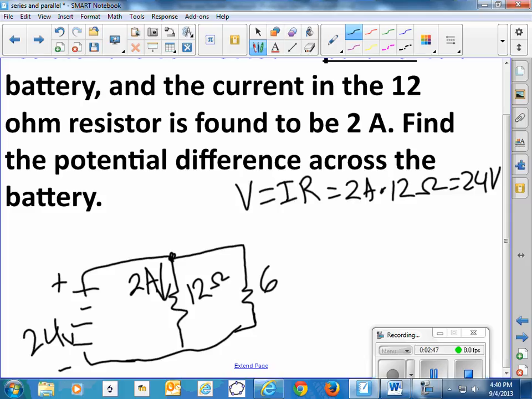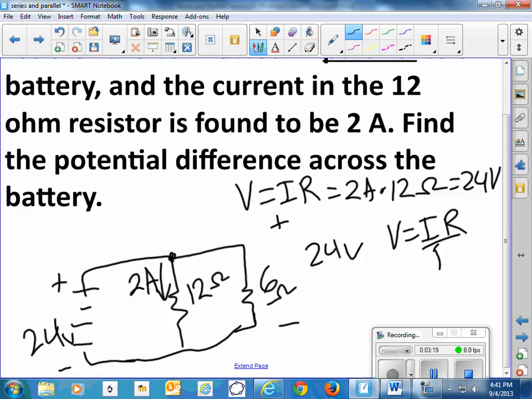Well, parallel, the way they're hooked up, it's 24 volts here also. Between this plus and this minus is also 24 volts. Well, if I have 24 volts across a 6 ohm resistor, let's see how much current would flow. Voltage equals the current times the resistance, so let's go ahead and solve that for current.